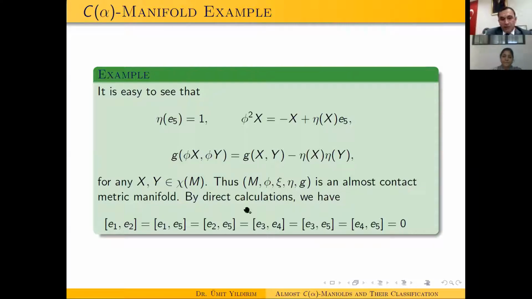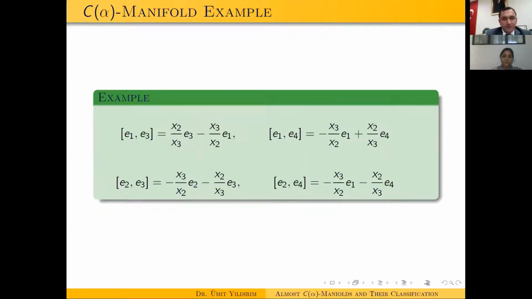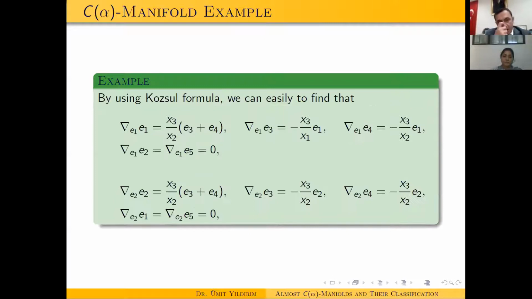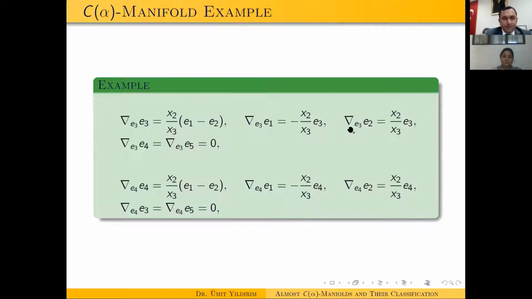By direct calculation, the Lie brackets are given by these equations. By using the Koszul formula, we can easily find that nabla e1 equals this equation. Other similar calculations follow.